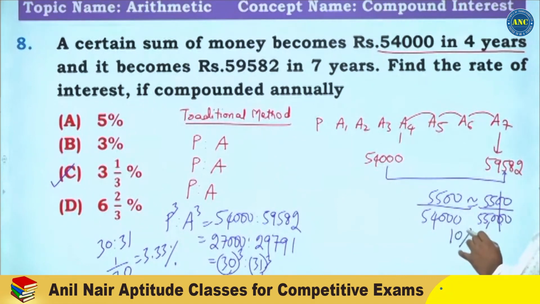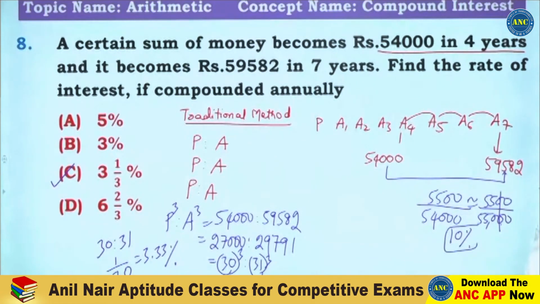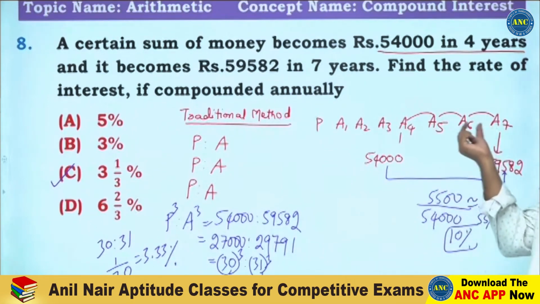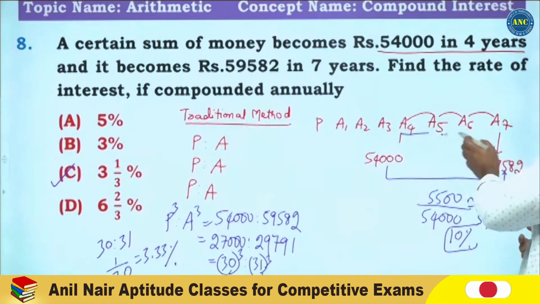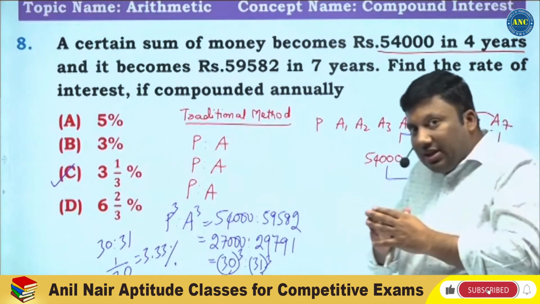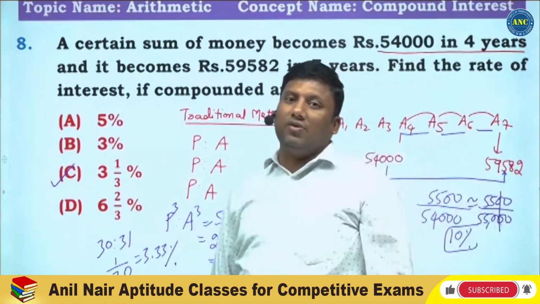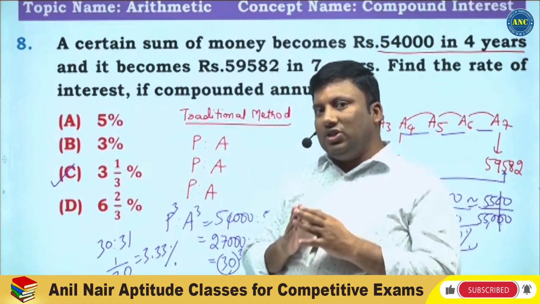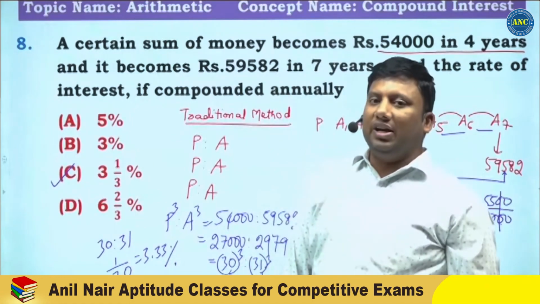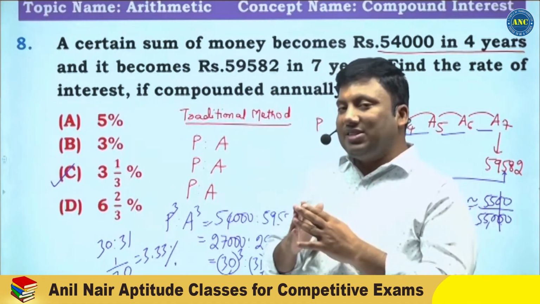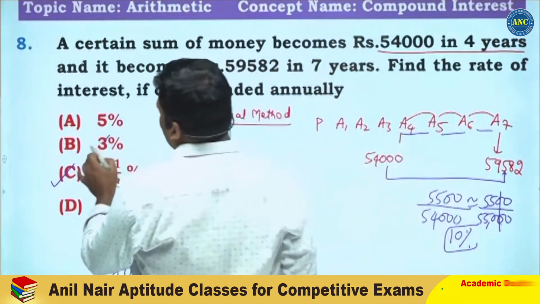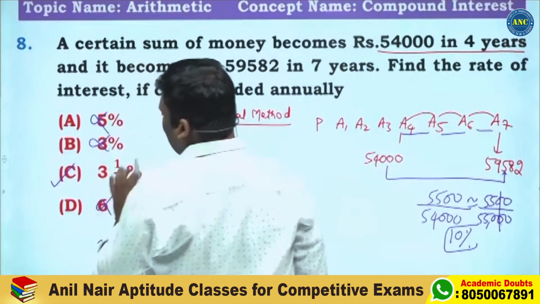Answer should be just closer to 10 percentage. Yes or no? 10 percentage divided into 3 equal intervals. Each interval is greater than 3 percentage. Finish. 10 seconds approach to solve the problem.